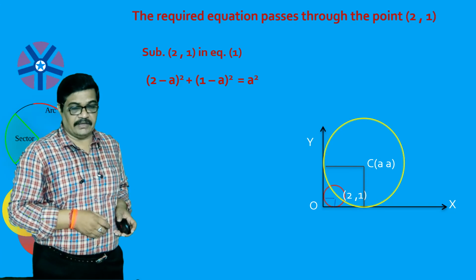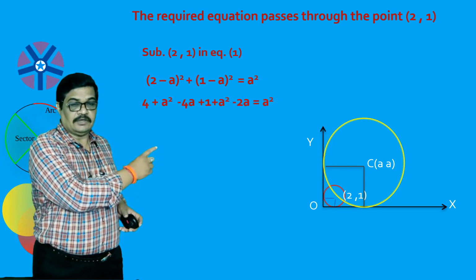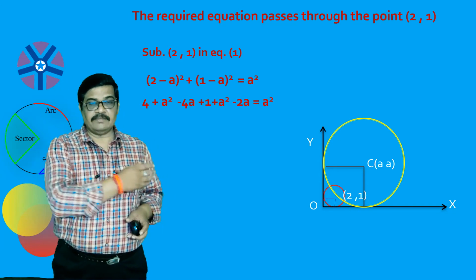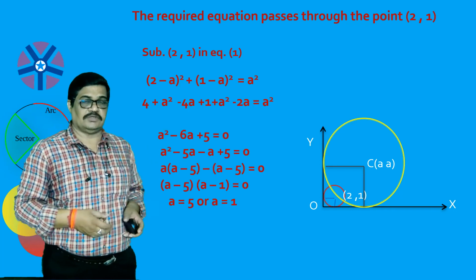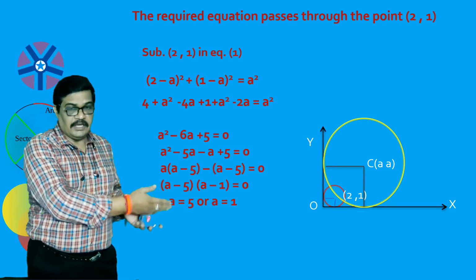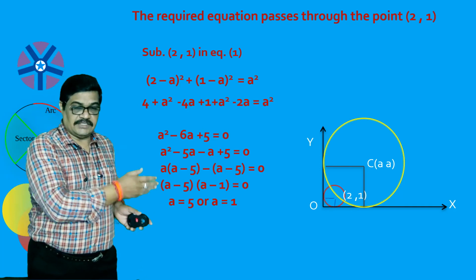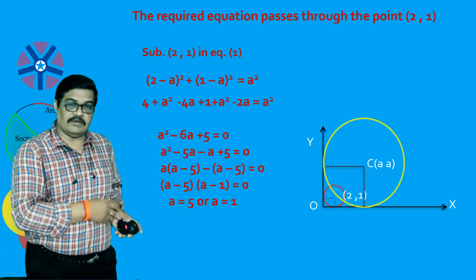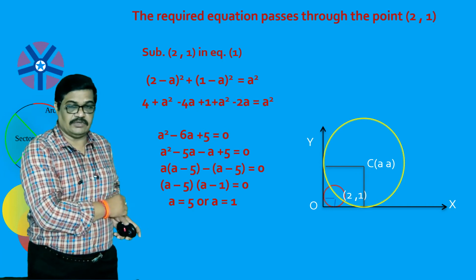Now simplifying: 4 + a² - 4a + 1 + a² - 2a = a². From that we get a² - 6a + 5 = 0. This is a quadratic equation in a. Factorizing, 6a can be written as 5a + a, giving (a - 5)(a - 1) = 0.